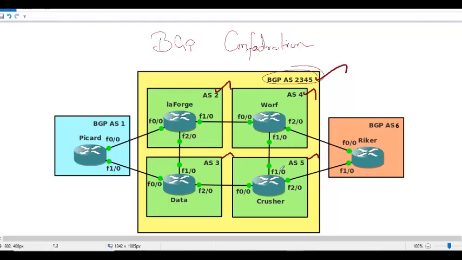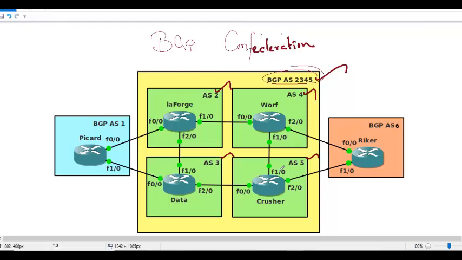Here, a number of parties like AS2, AS4, AS5, AS3, they all form an alliance to form one big autonomous system called 2345, Confederation. Now, why do we need this? What is wrong in having one autonomous system?